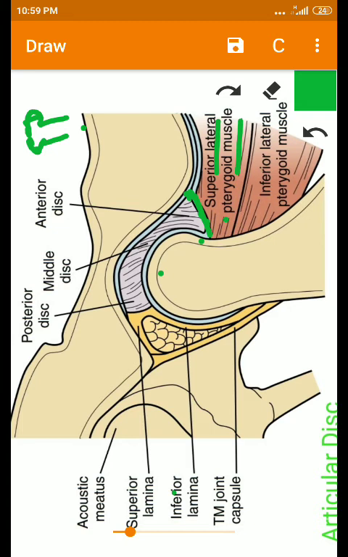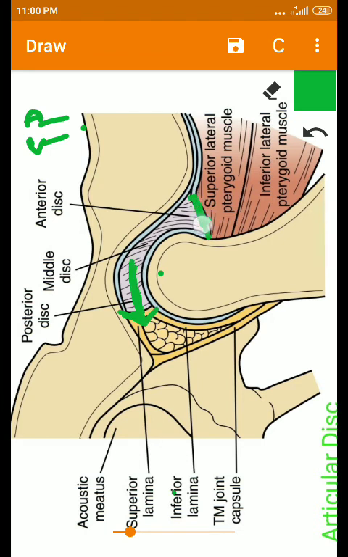Now coming to the posterior aspect. Before going to the posterior aspect, what is the function of this anterior attachment? This anterior attachment resists the posterior translation of the disc. That means if it is translating more, you can't go back.